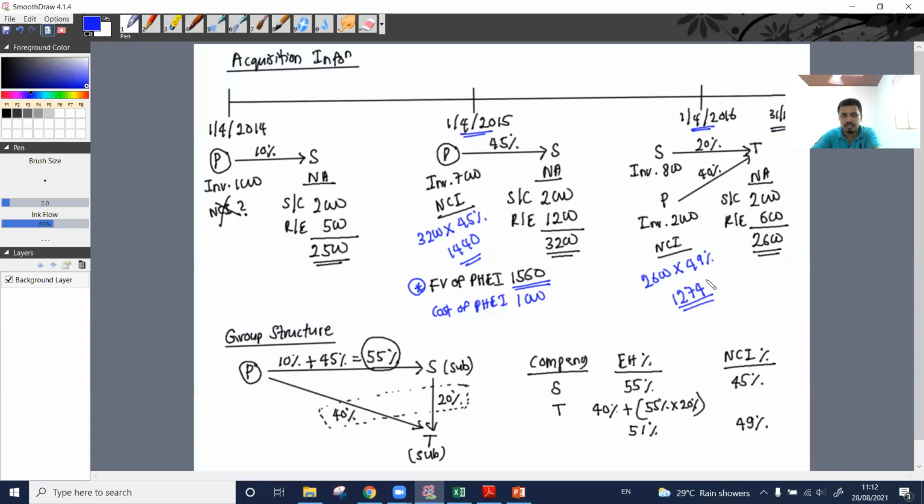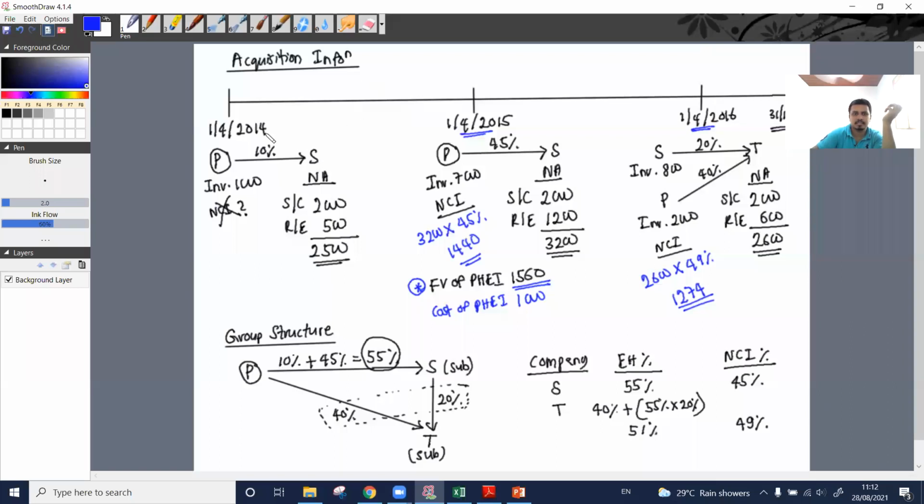See, the sum is different from what we have done previously, but still we follow the same procedure. Whatever information they have provided, we have mapped, and by mapping we can clearly see on what date what has happened.